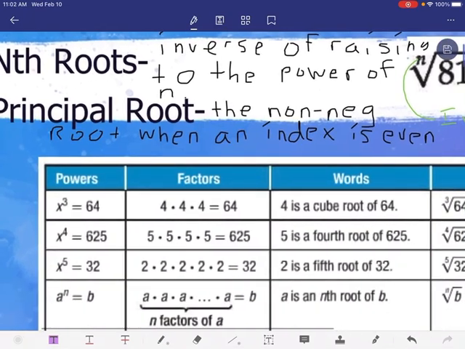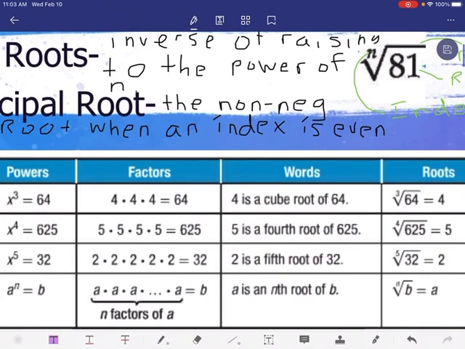Now, looking at some examples, if I have x to the third equals 64, well, I know that 4 times 4 times 4 equals 64. So we could say that the third root of 64 is 4. Likewise, 5 multiplied together 4 times is 625.